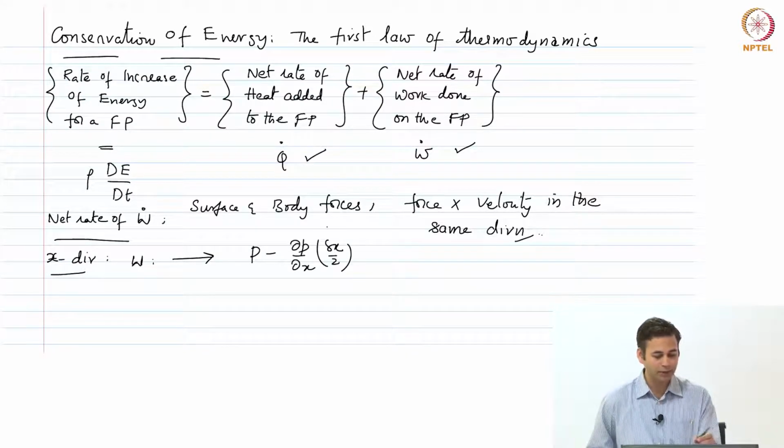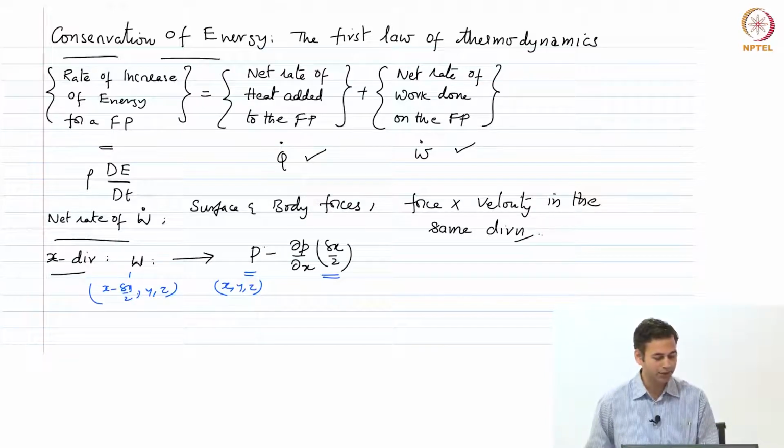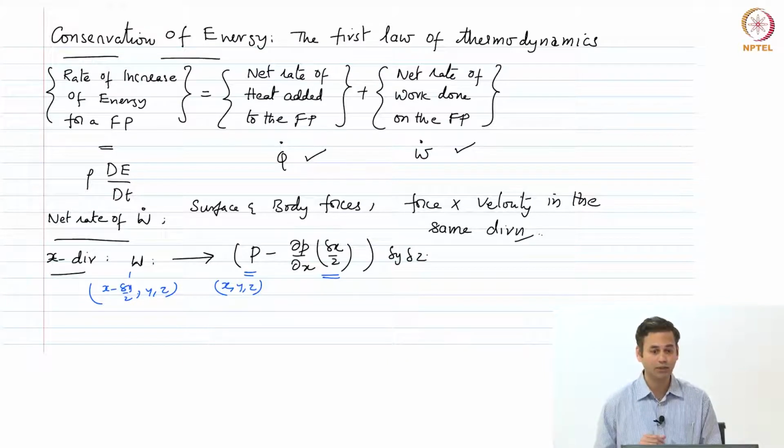We are getting this delta x by 2 because the P is defined at xyz, and the west face is located at x minus delta x by 2, comma y, z. So this is the pressure that is acting on the west face. When we multiply this by the area, that was delta y delta z, that was the force acting on the west face corresponding to pressure.